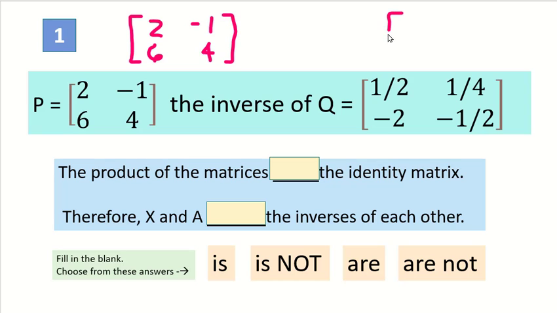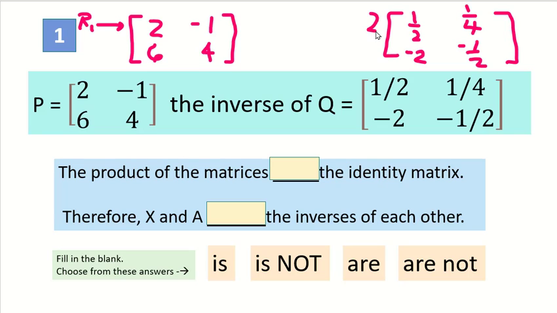Alright, so we've got P and Q, and I'm kind of separating them so I'll have some room to work. And -1/2 is here. Alright, so I'm going to take my first row. This is row 1. And I'm going to put it next to the first column. 2, -1.